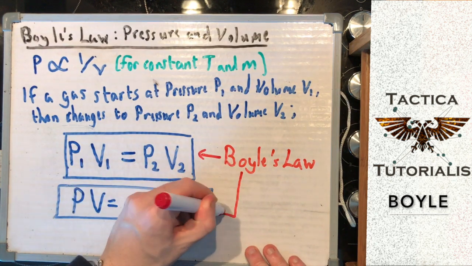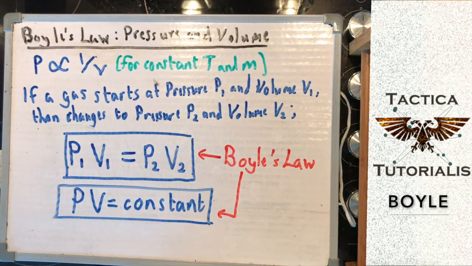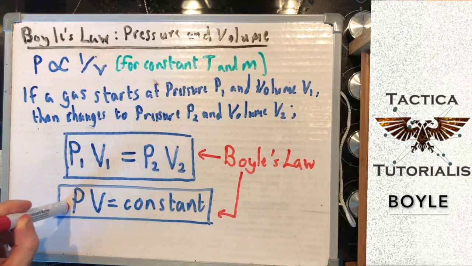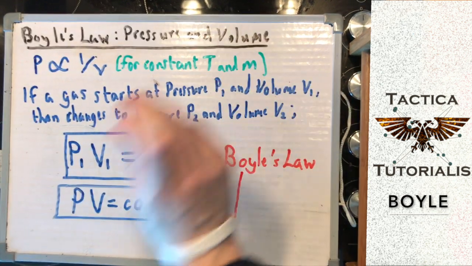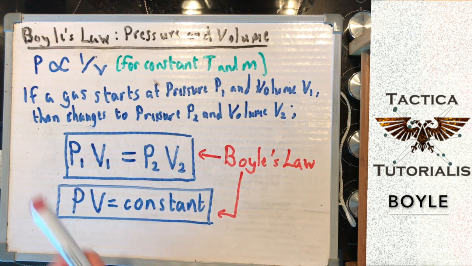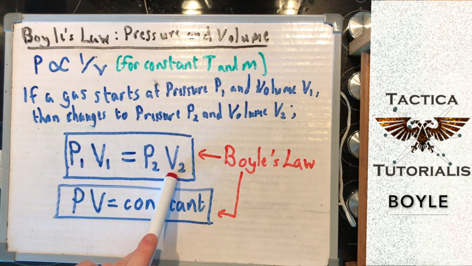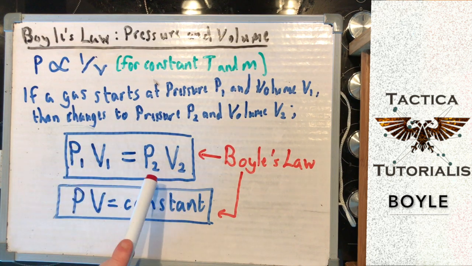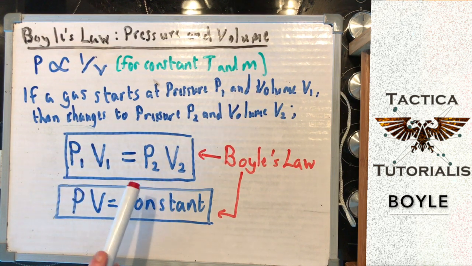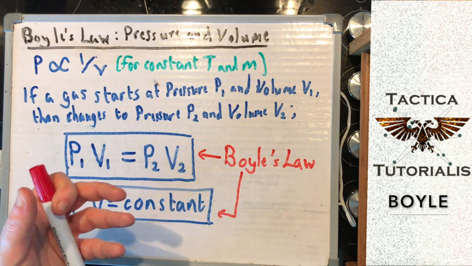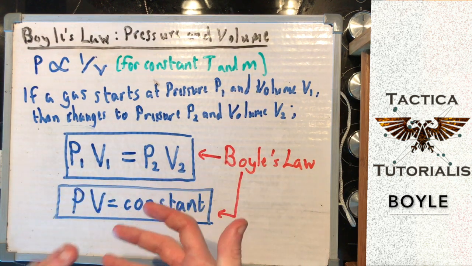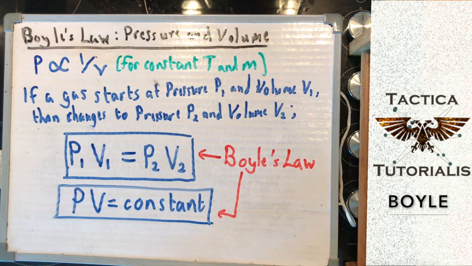So Boyle's law states that the pressure multiplied by the volume for a gas is a constant if constant T, constant mass, which means that if you change the volume of a gas, you can calculate the new pressure of the gas without having to do it experimentally. Or if you crank the pressure up on a gas, then you can work out what size the container will become.